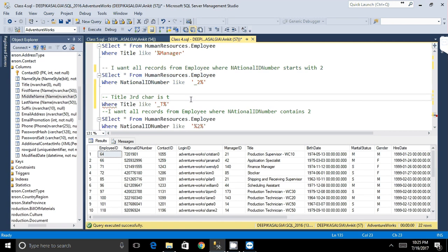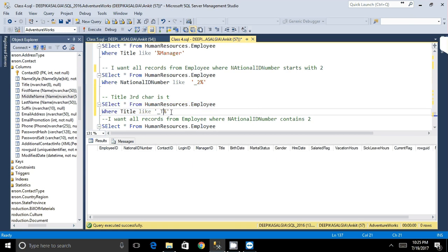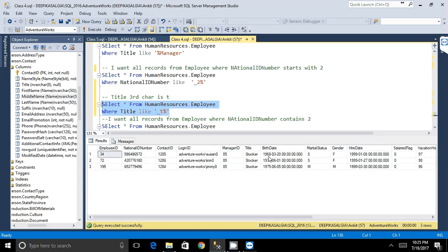I think with the data it doesn't matter. It does. Oh, it's case sensitive. Yeah, right. So it doesn't match if you have the capital T, because the database is case sensitive, right? Yep, good question.